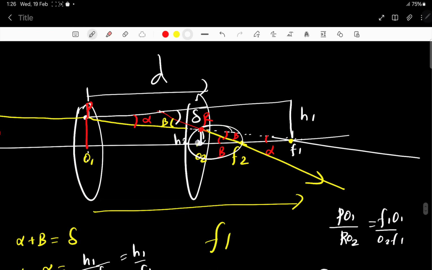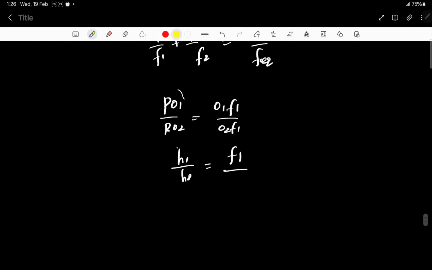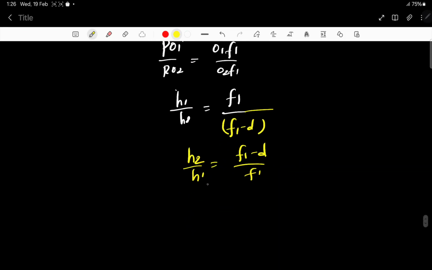O2 is located here and F1 is located here, so O2 F1 is nothing but F1 minus D. Rearranging, H2 by H1 equals F1 minus D by F1, so H2 equals F1 minus D by F1 into H1.